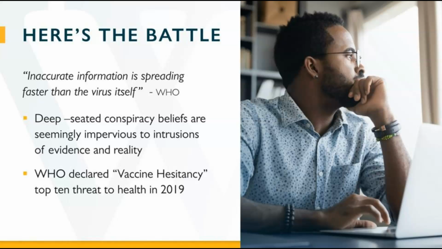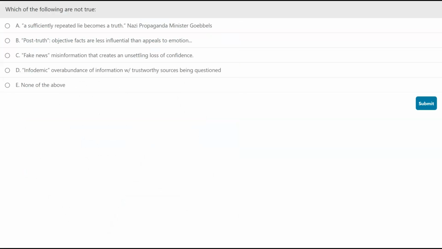But how in the world do these conspiracy beliefs seem to be impervious? How does that happen? It's gotten so bad that WHO declared vaccine hesitancy a top 10 threat in 2019. And that hesitancy, to a great extent, comes from these deep-seated conspiracy beliefs. That is just truly crazy.